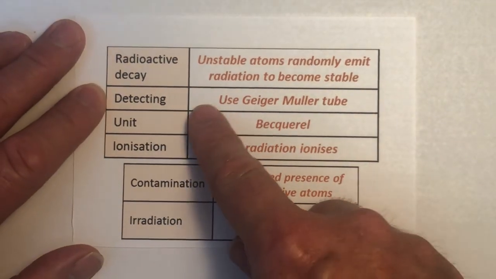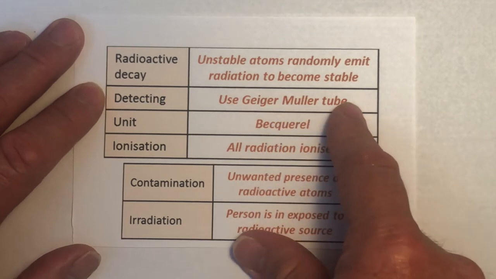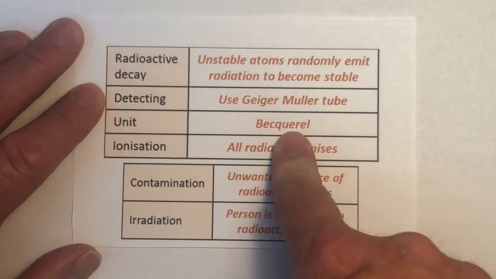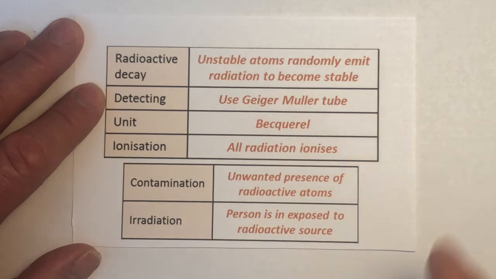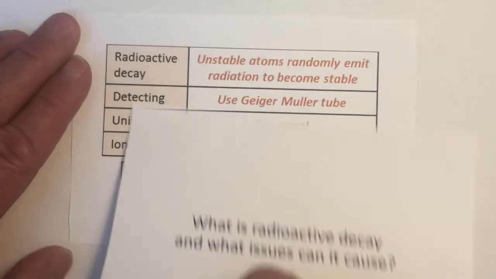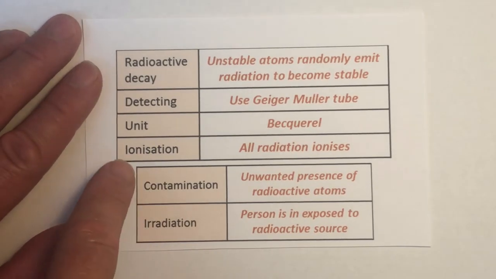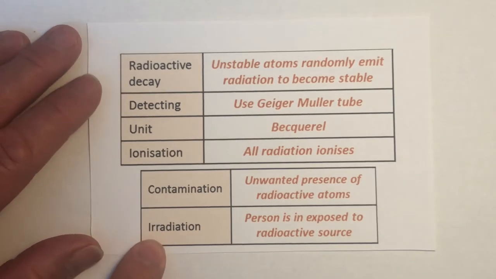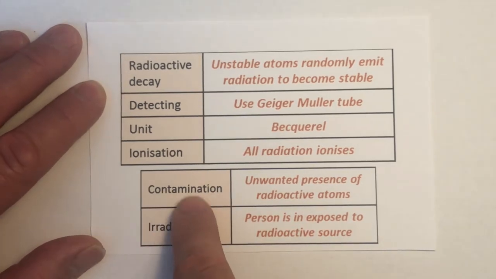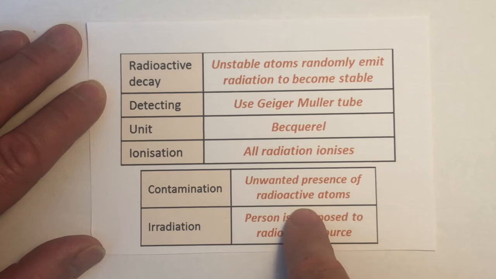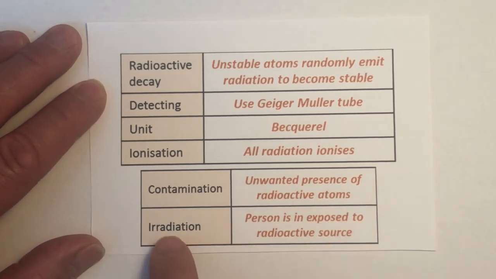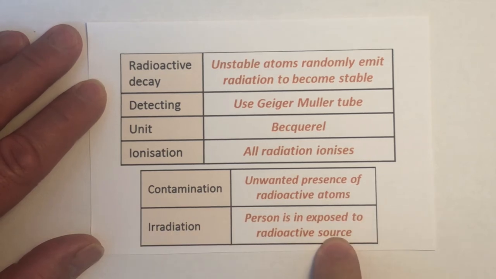You measure it using a Geiger-Müller tube, and it is measured in becquerels. What issues can it cause? It can cause contamination and irradiation. Contamination is where there is an unwanted presence of radioactive atoms, often inside the person. Irradiation is where the person is exposed to a radioactive source.